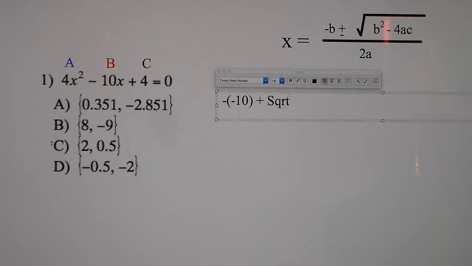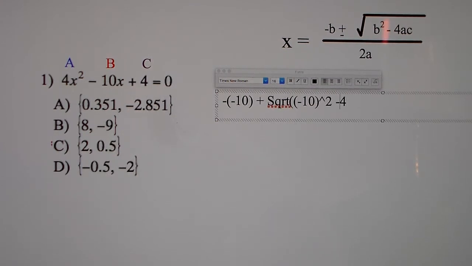Square root, SQRT, of b squared, so parentheses. Our b is negative 10, so we type in negative 10. Then we have to square it because it's b squared. Then minus 4, which will always be the case.